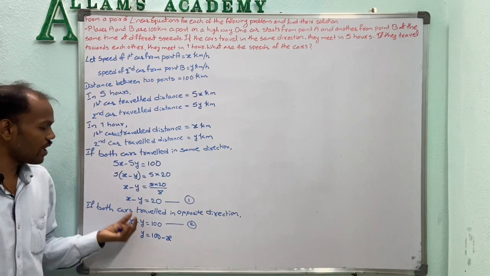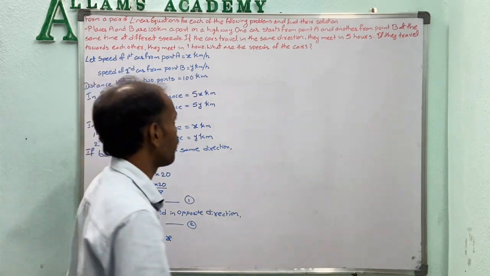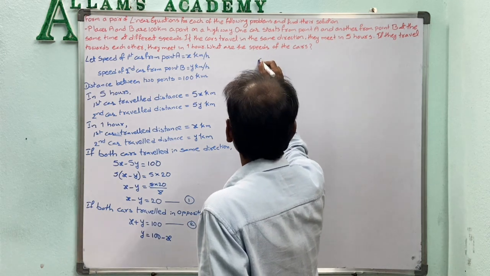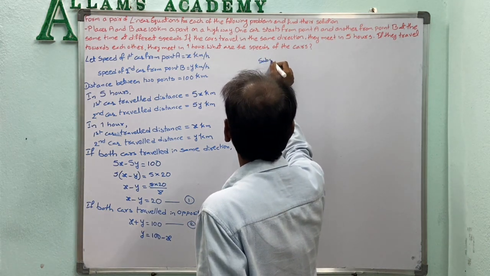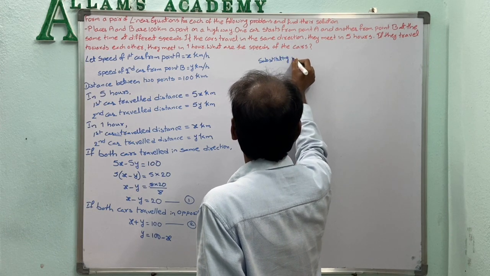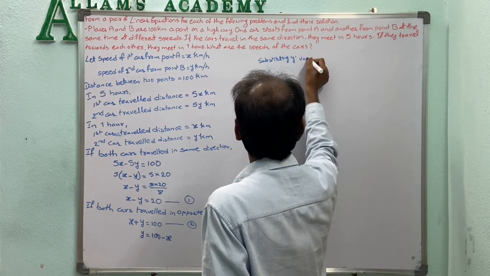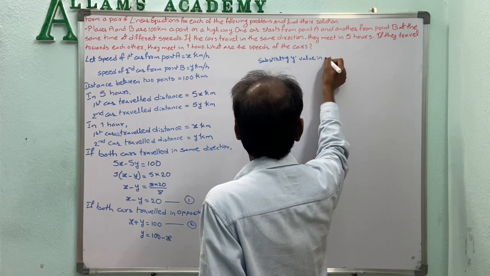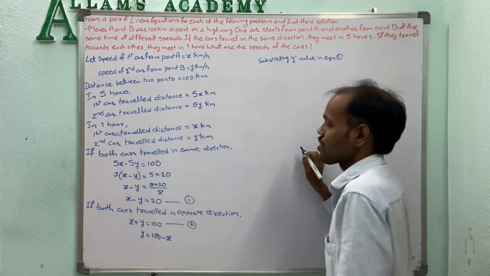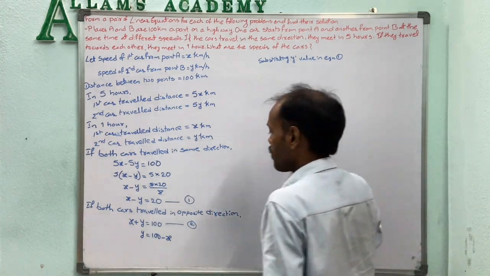Now this y value we substitute in equation 1, so we follow the substitution method. Substituting the y value in equation 1, x minus y equals 20 given.